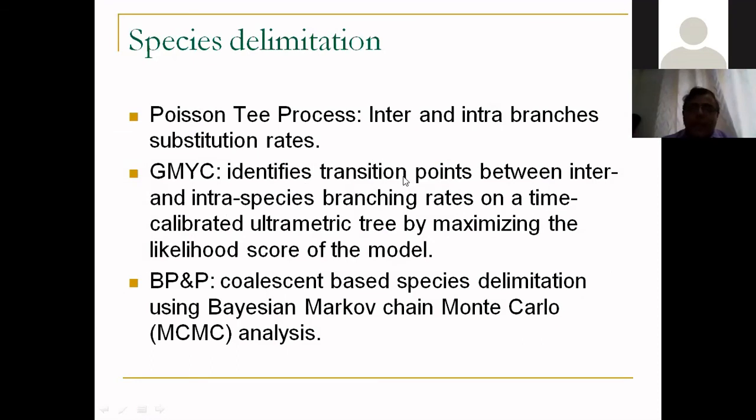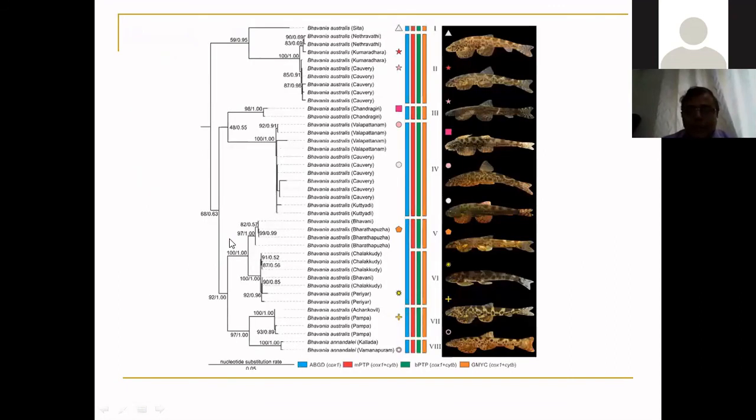So it looks at inter- and intra-species branching rates. Using those branching rates, it tries to find out whether organisms are different from each other or not. A similar concept is used for bPTP. So you can also do species delimitation using various statistical tests.